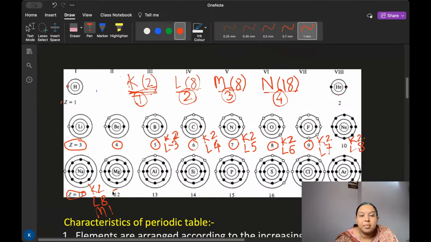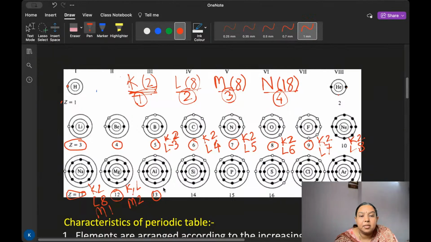Here atomic number 12, that is magnesium. Again K shell is filled, L shell is also filled, that is total 10 electrons, and the remaining 2 electrons go to M shell. So here you can see 2 electrons. Then we shift to atomic number 13, that is aluminium.